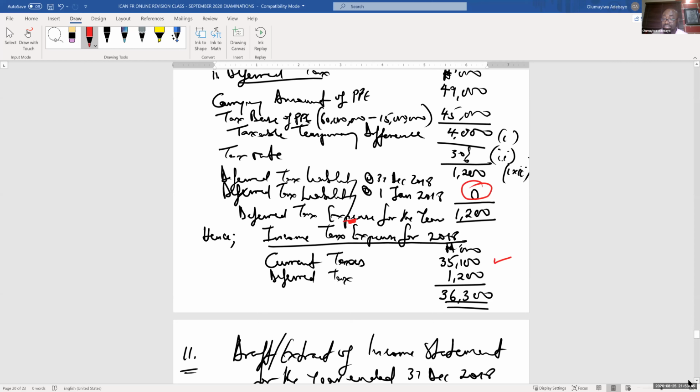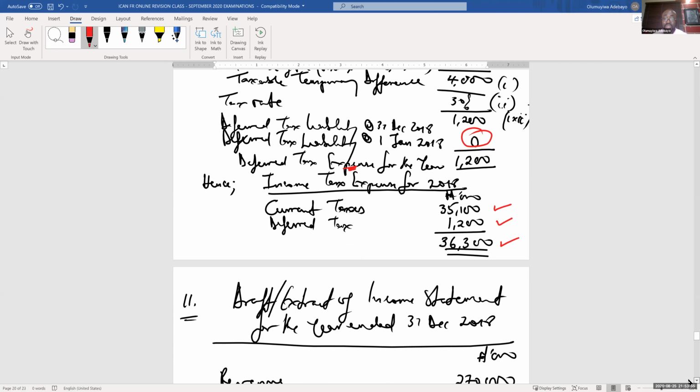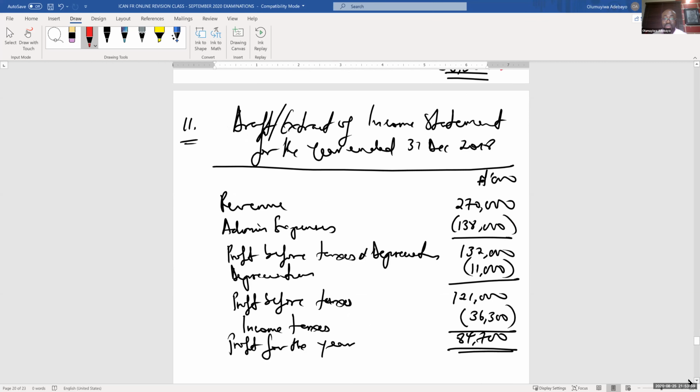The second question says we should redraft the income statement showing an extract of the impact of that tax on the account. We go back to show our revenue. We have our admin expenses, and our profit before tax and depreciation was 132. We deduct depreciation, and we have our profit before tax of 121.